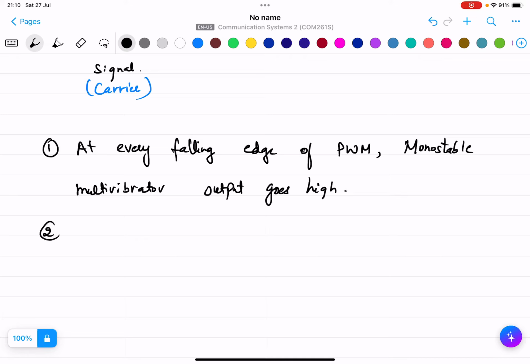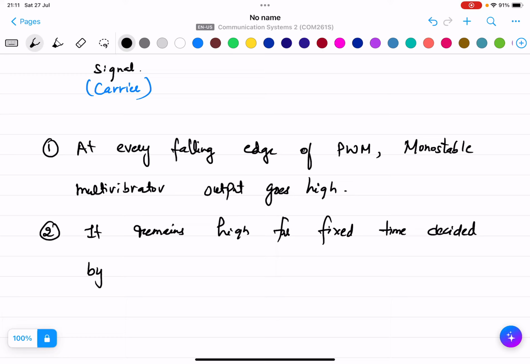And second, it remains high for a fixed time decided by its own RC components.